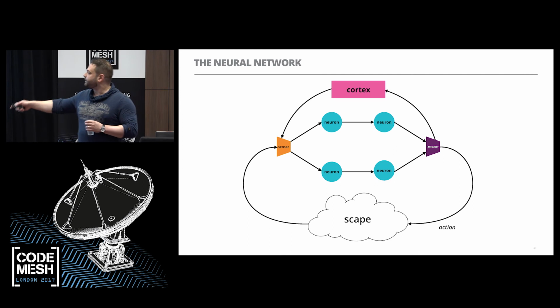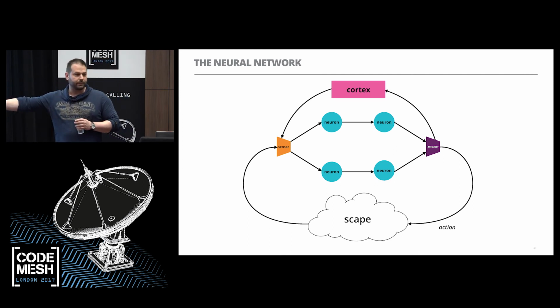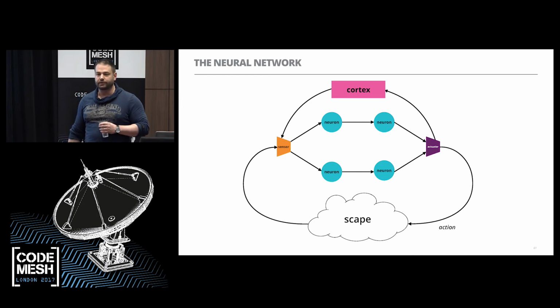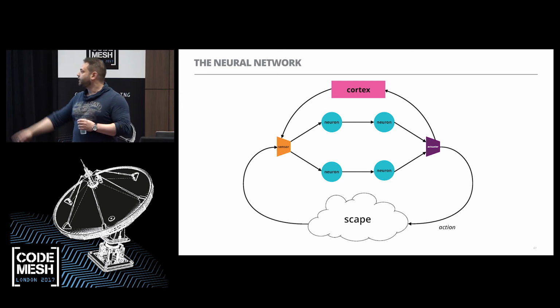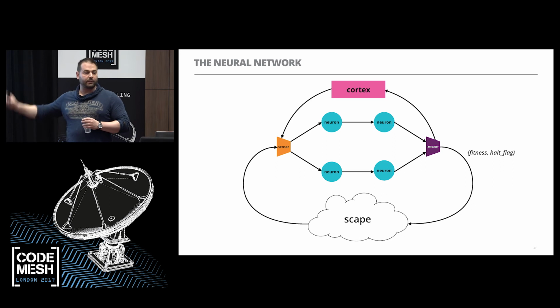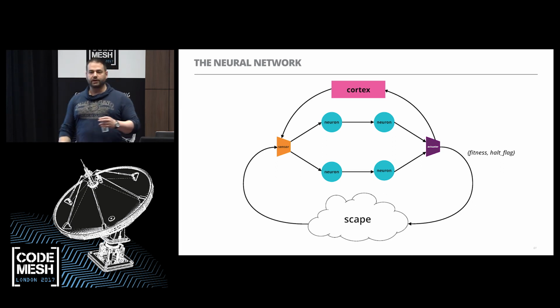The actuator then sends an action to the scape, upon which the scape does something. It buys a currency, or moves the robot, and then it returns a fitness that we have so far and a halt flag. Basically, are we done? Do we not have any more historic market data? Did the robot run out of battery or fall off the stairs? And the actuator sends back a sync signal to the cortex.